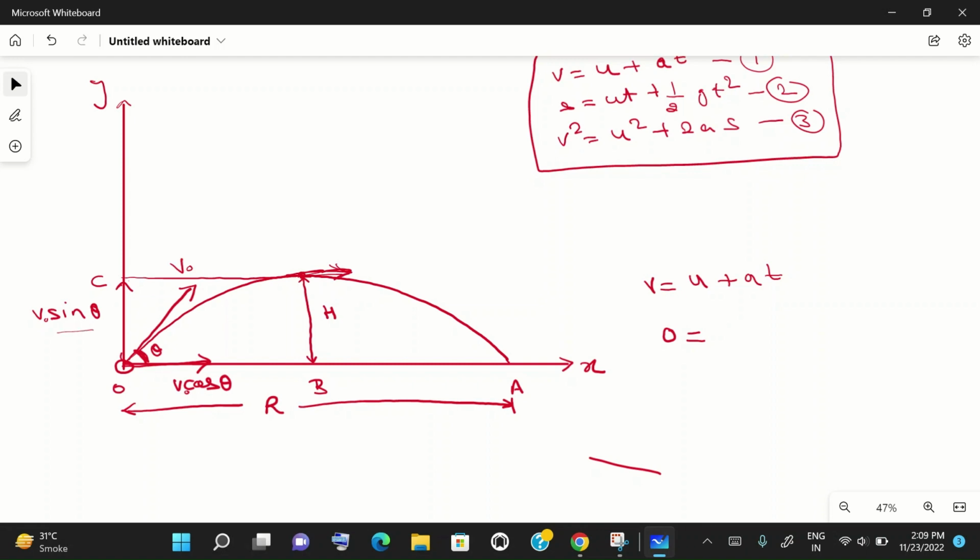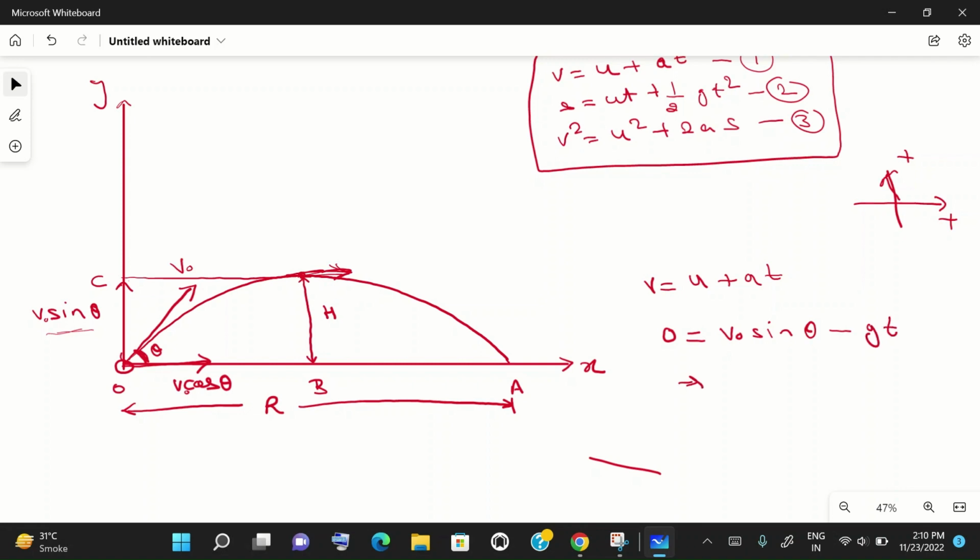So v sin theta will be 0 at maximum height. So 0 is equal to v naught sin theta, the initial vertical velocity, plus a, the acceleration. Here the acceleration is due to gravity, which is downward. Upward we are taking plus, and the forward direction plus, and acceleration is working in the downward direction, so it is minus g, times t.